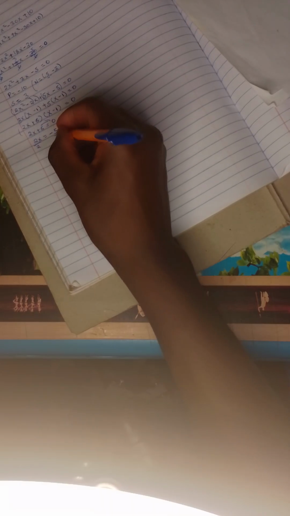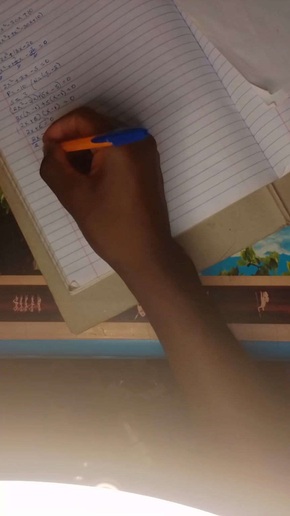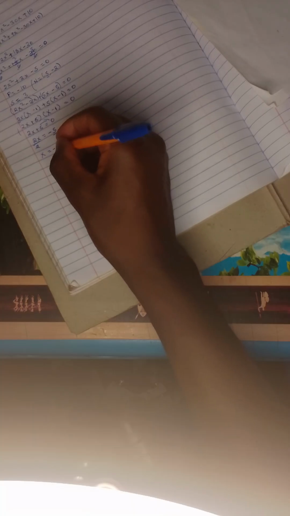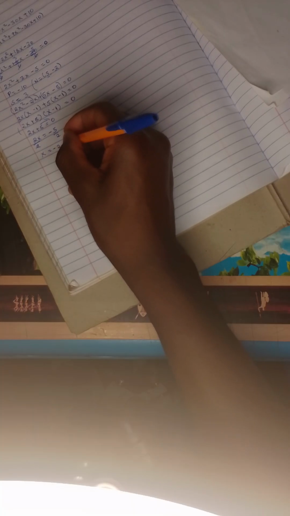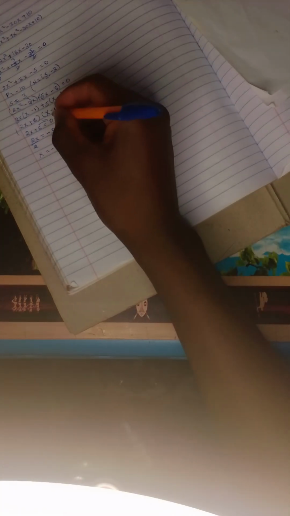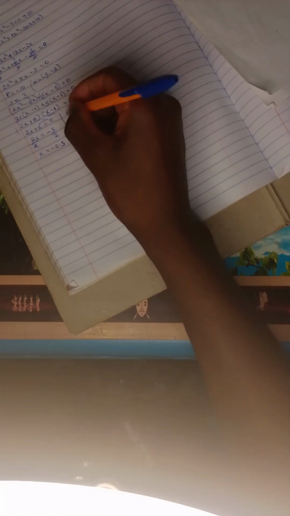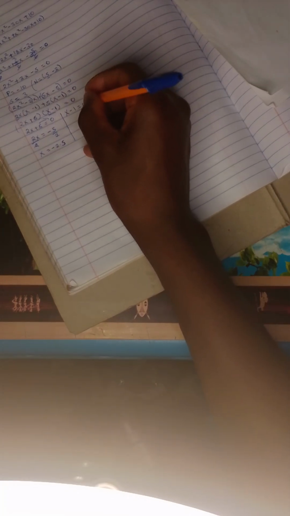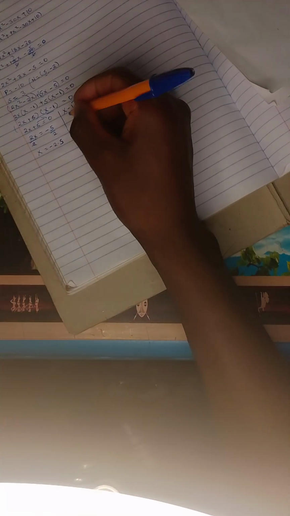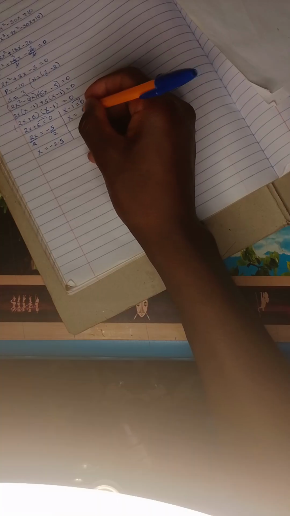To find the value of x, I divide by 2 on both sides, so that the value of x equals negative 2.5. And then you come to the other group, that is x minus 1, you equate it to 0. And then you bring this negative 1 to the other side of the equal sign, such that you have x as 1.